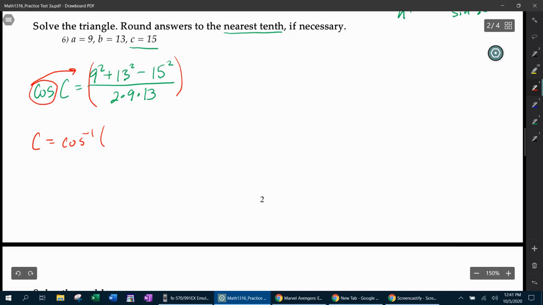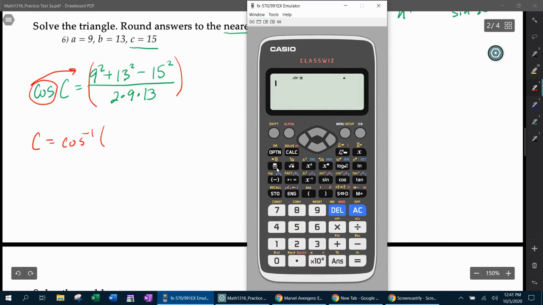Bringing the cosine to the other side will make it inverse cosine. And now we just need the fraction calculated. 9 squared plus 13 squared minus 15 squared, all over the denominator. And as a decimal, okay, you know what? You can actually approximate that if you want to, but to keep this as accurate as possible, I'm going to work with that. 25 over 234.